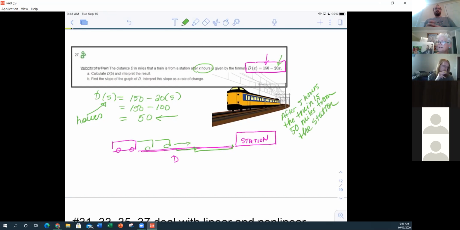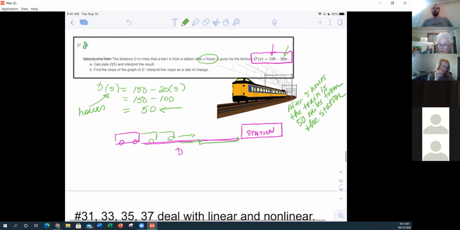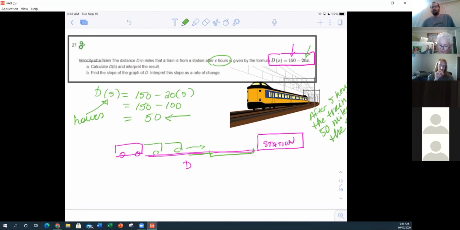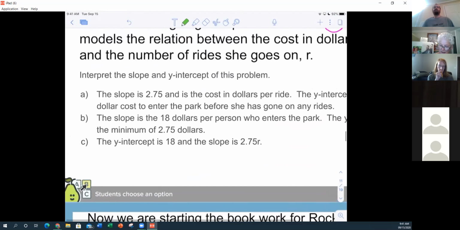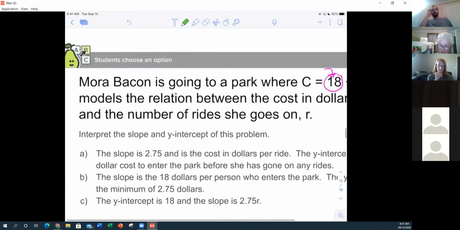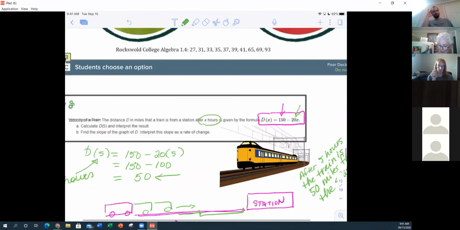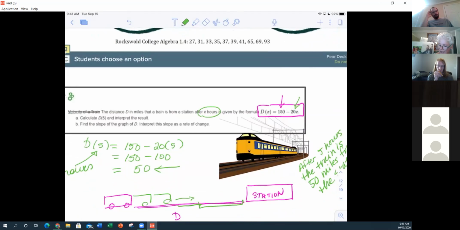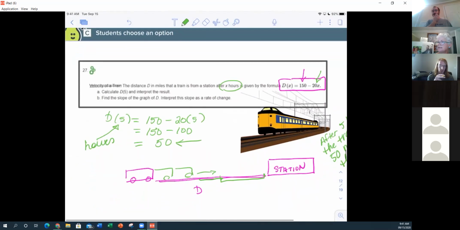All right, so what is the slope of this? This is just exactly like what we just did, except the only difference in this problem is that before we were using y equals mx plus b, and now instead of saying y equals, we're using function notation. So what is the slope of this graph? 20.